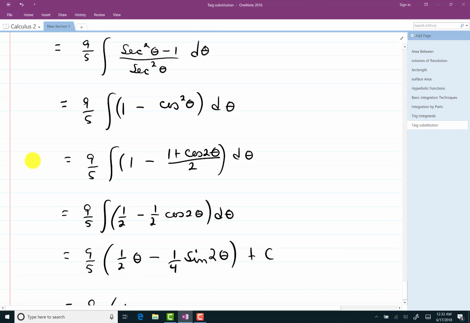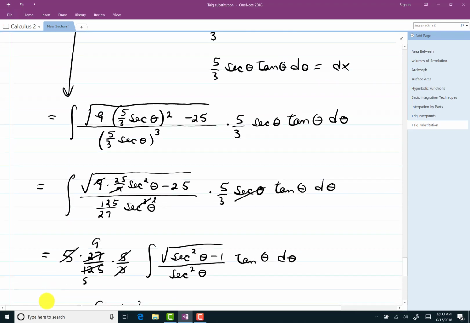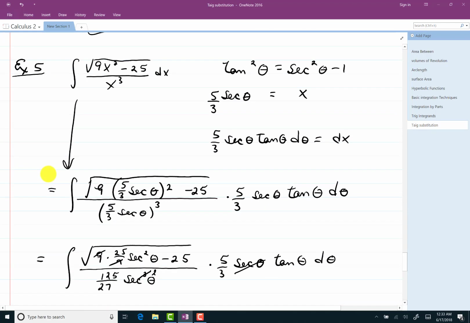Now let's find out what our theta was. It's going to be arc something. Oh my, there it is. Secant of theta would have been 3x over 5.